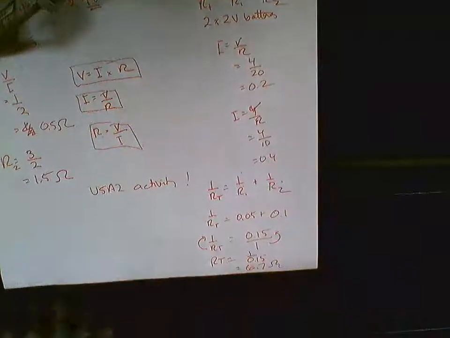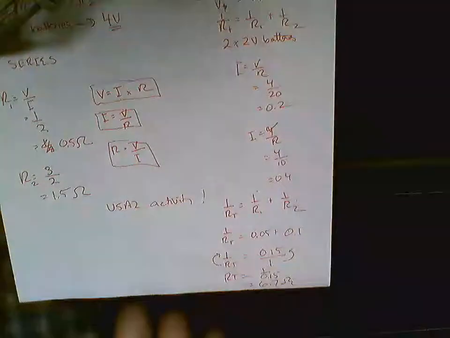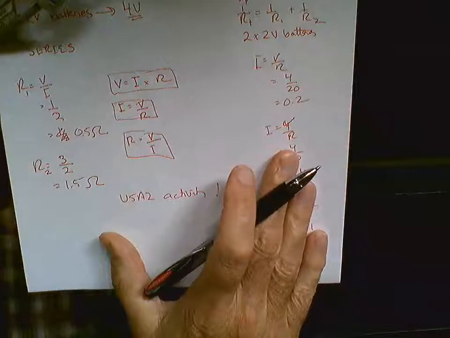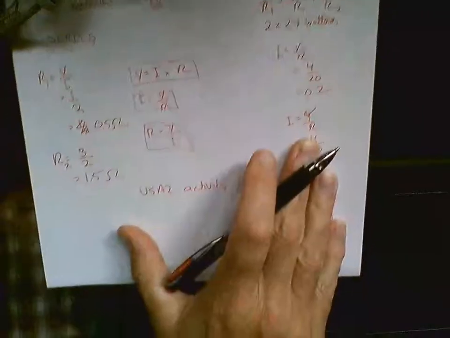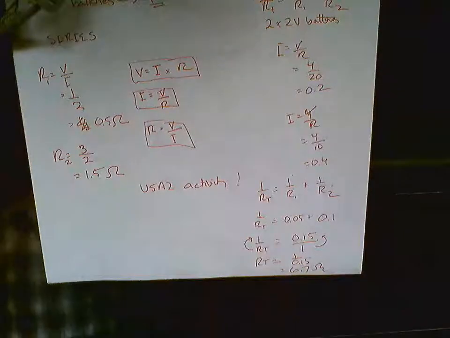So that's the toughest calculation you have to do, finding resistance total in parallel. Folks, I have students tell me all the time, the best thing about online learning is if you didn't pick something up, watch the video again. These are the rules that you need for the content in U5A2.